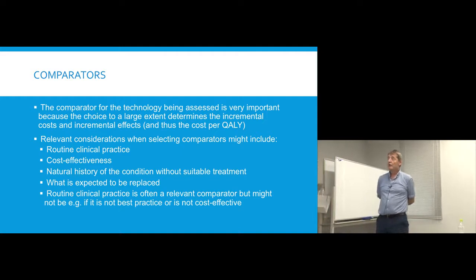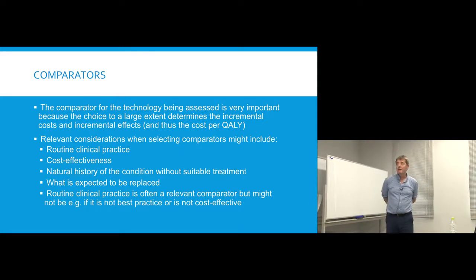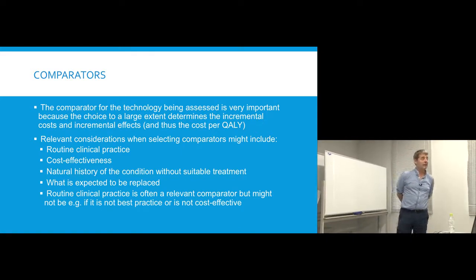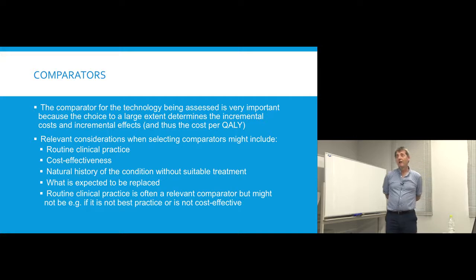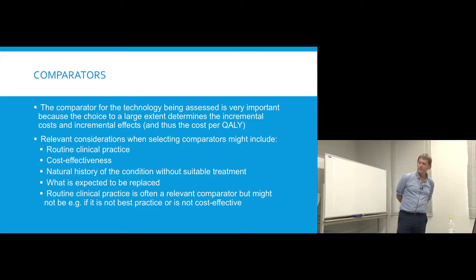Sometimes, perhaps the most appropriate comparator is natural history. This would be a situation where, for the condition that you're looking at, there isn't really currently any suitable treatment. And so, the most appropriate thing is what happens if the patients are simply left with that condition. What is the natural history of it?